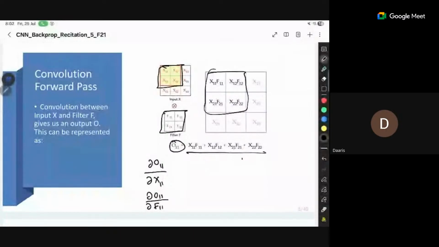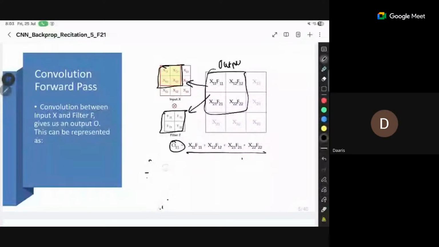So these two kinds of derivatives I'm going to take from the output, right? So this is the output. X11, F11, F12, and so on, right? So this is what, either this or that. There are two kinds of things I'm going to do in back propagation.